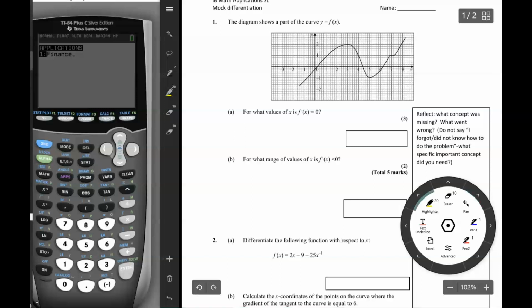The first question that they ask us is, for what values of x is f dash of x equal to 0? Remember how I said that a lot of the questions they ask you for this unit require you to remember that the derivative is what again?